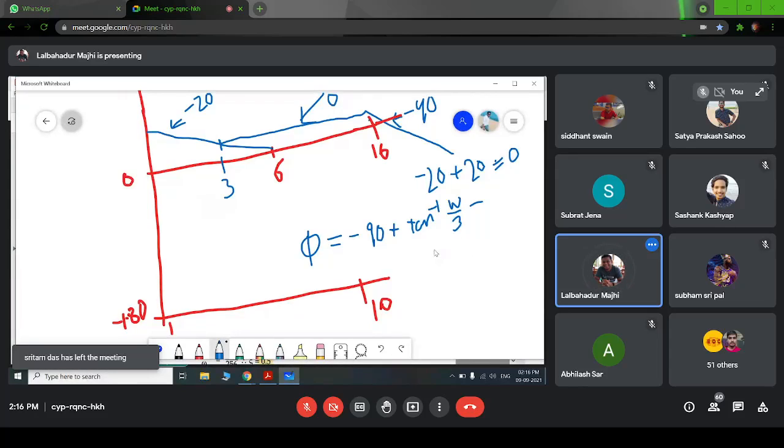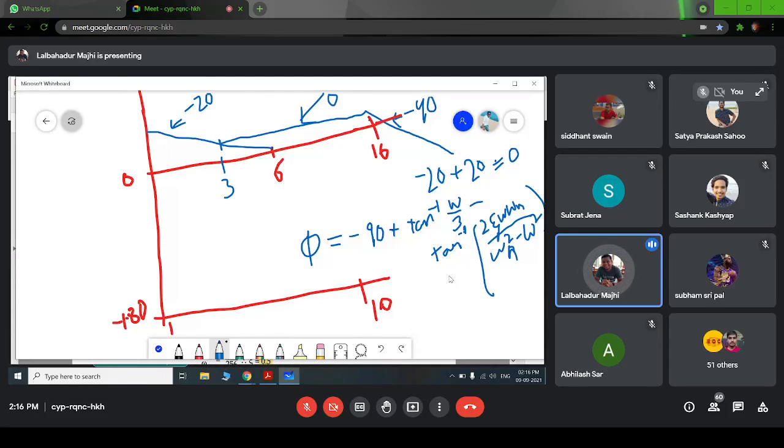It will be tan inverse of 2 zeta omega into omega n divided by omega n square minus omega square. This will be the angle for this second order equation.